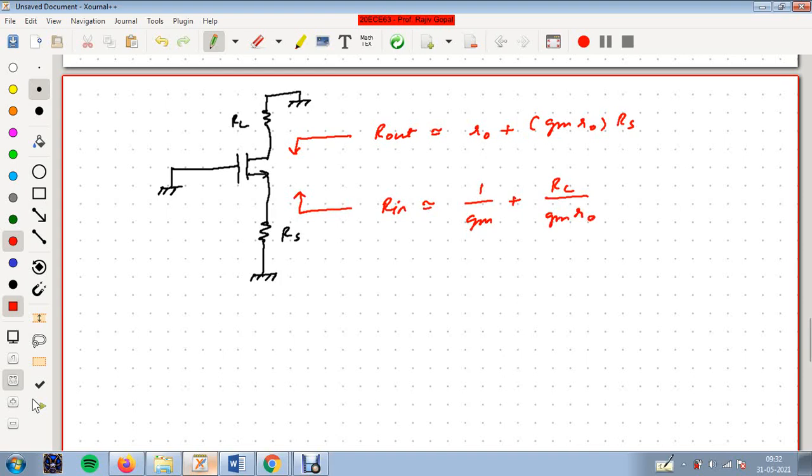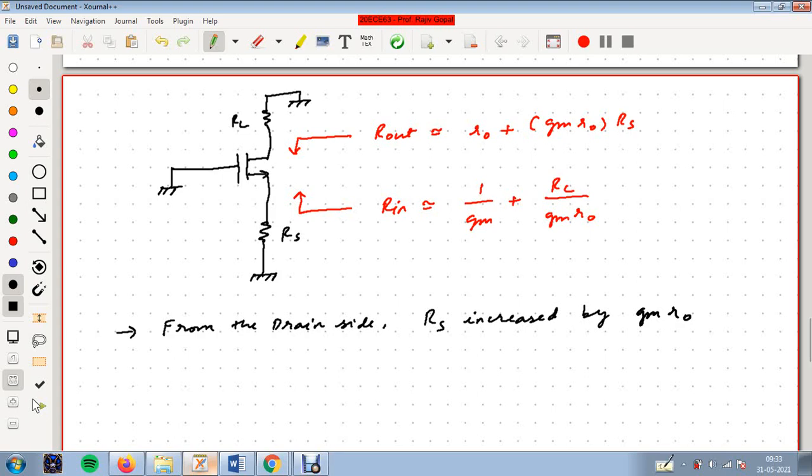Alright, so here the conclusions you can draw are, first, if you're looking at the impedance from the drain side, RS is increased by Gm times R naught.